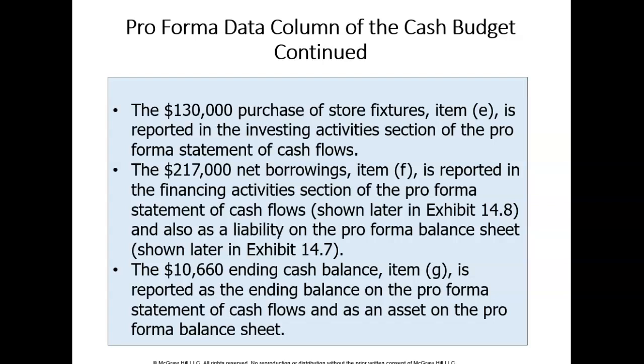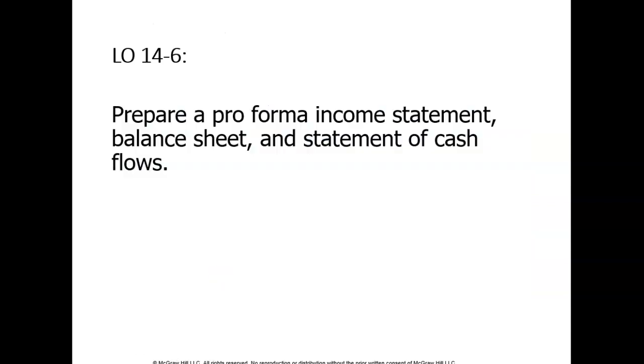I just kind of went through that information. Now again, information from your cash budget will be used to prepare your pro forma financial statements. For example, your ending cash balance will be shown on your pro forma balance sheet for your cash account.